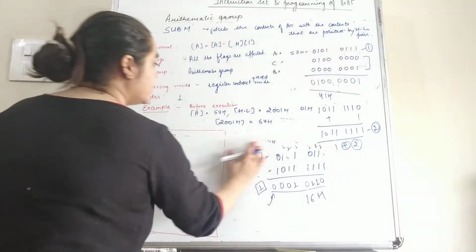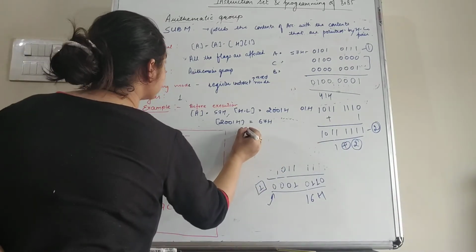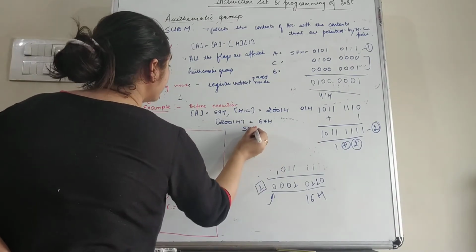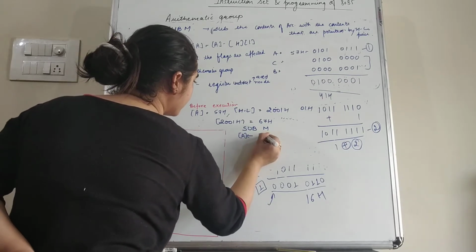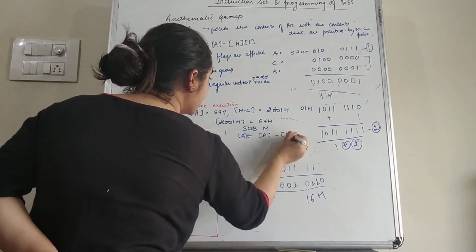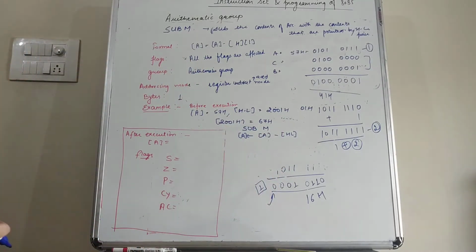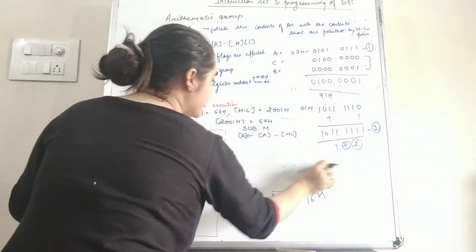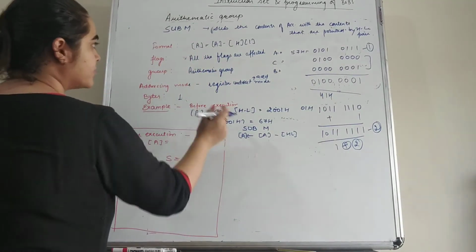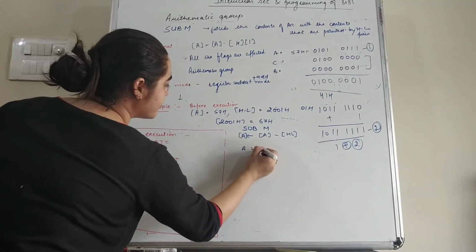So the meaning of this instruction SUB M is that we subtract the contents of the memory location pointed to by the HL pair from the contents of the accumulator.